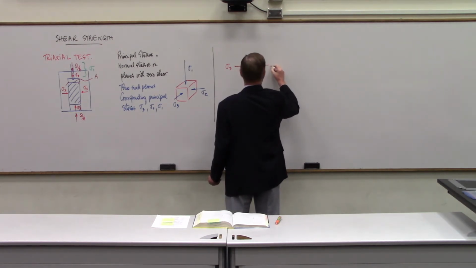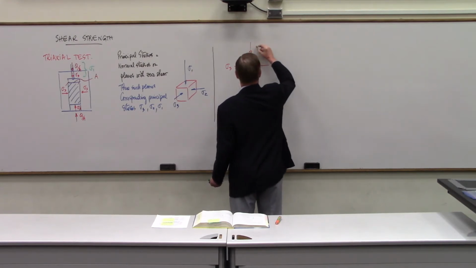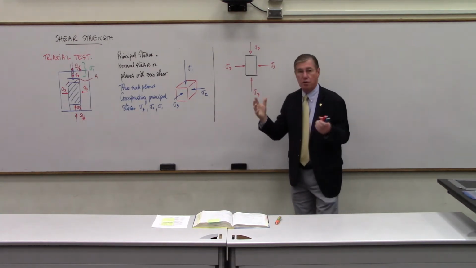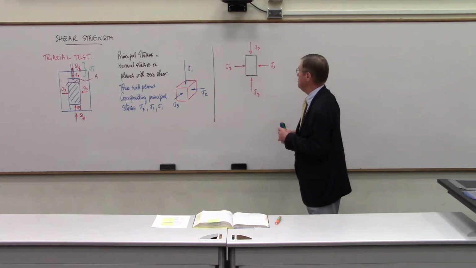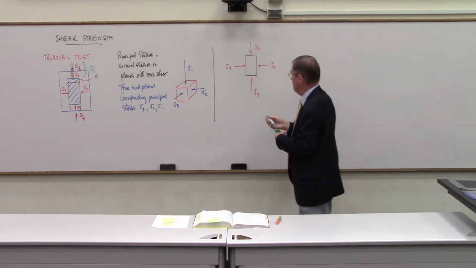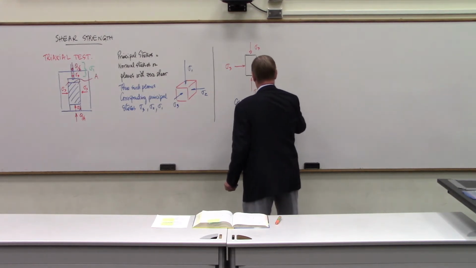Sigma 3, sigma 3, sigma 3, sigma 3. Okay? And we do that with air or water, depending on the system we use. But we apply this confinement. We call this the consolidation phase.